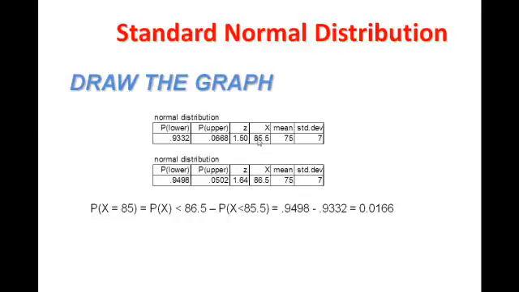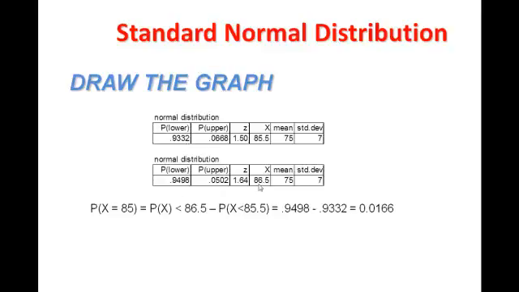I put in 85.5 as my X, my mean 75, my standard deviation 7. I got that 85.5 lies 1.5 standard deviations away from the mean. So the probability of a value of 85.5 or less is 0.9332.